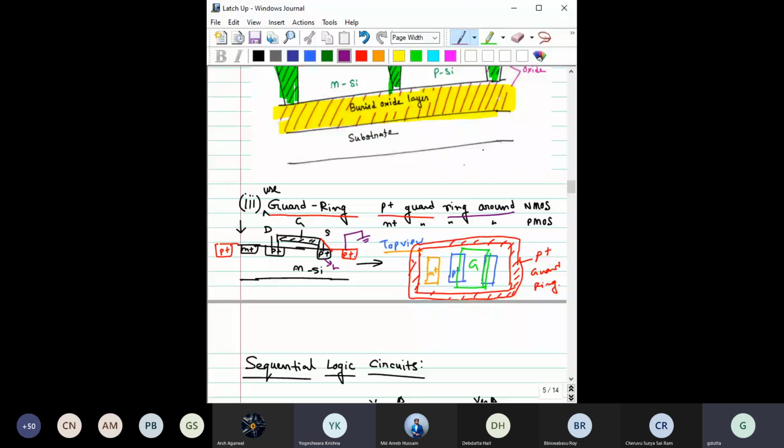All these holes will go and would be taken care of by this guard ring, meaning it will capture them. Are you getting my point? So the action which has triggered the latch up operation can be prevented by using this type of guard ring. So this P plus guard ring around NMOS, and this P plus guard ring, just let me confirm one thing.